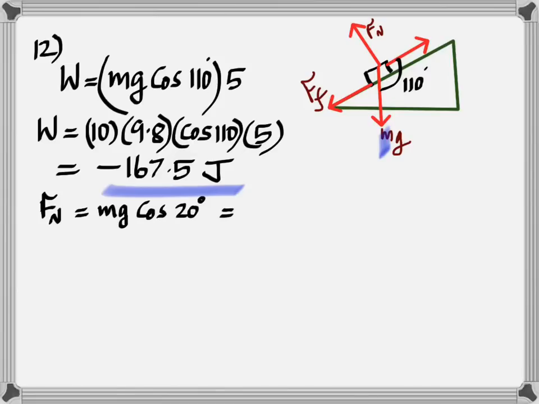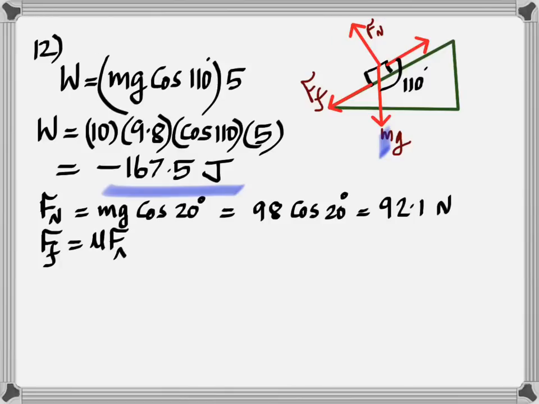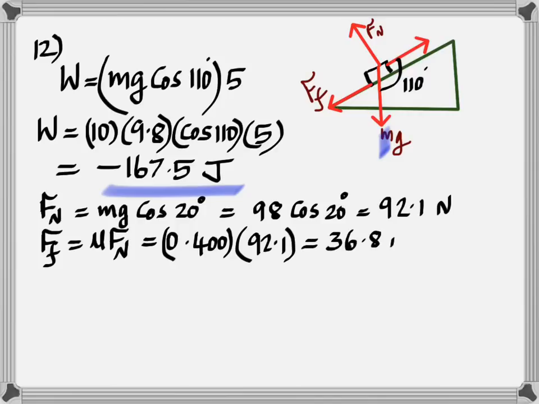The normal force is mg cos 20. The force of friction is mu times Fn. And the increase in internal energy is because of friction.